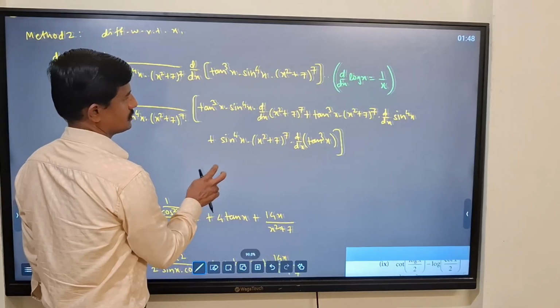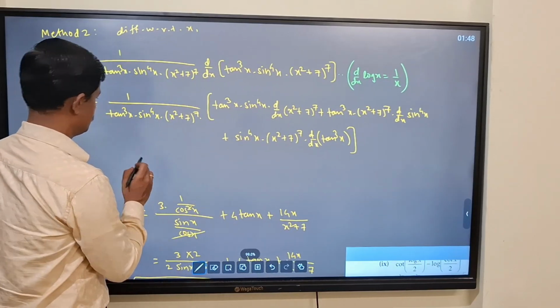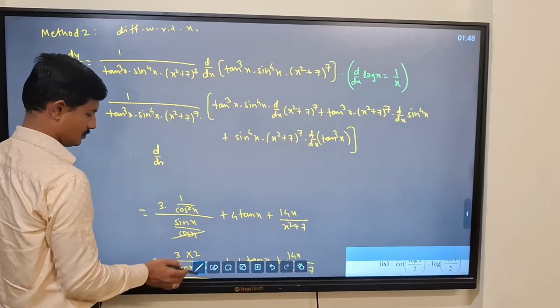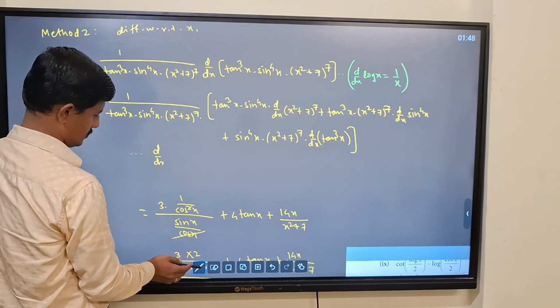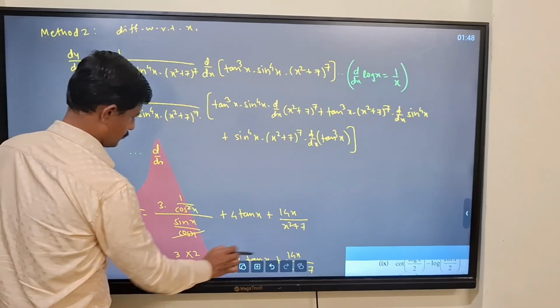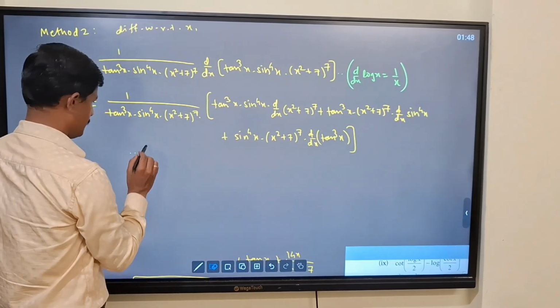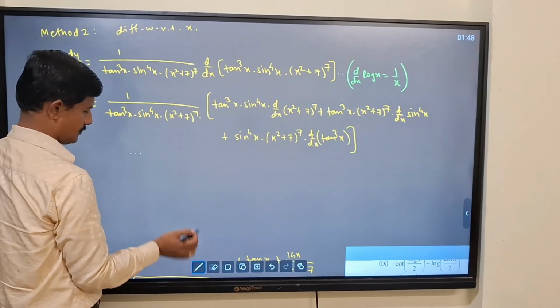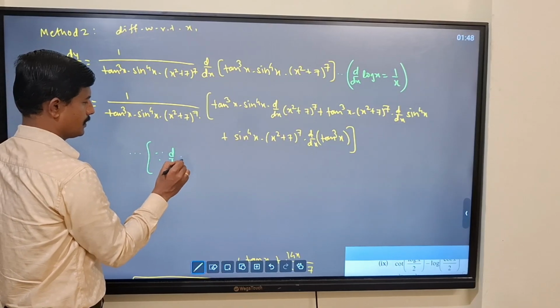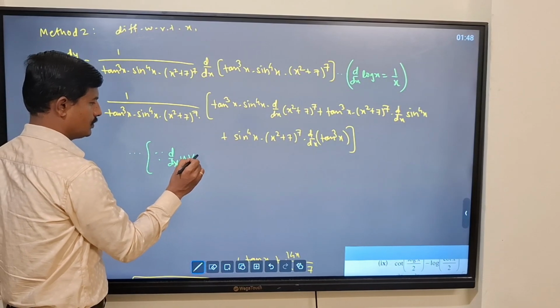Which formula did we use? Here we used d dx of u into v into w.